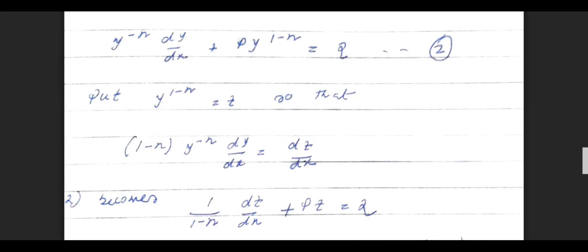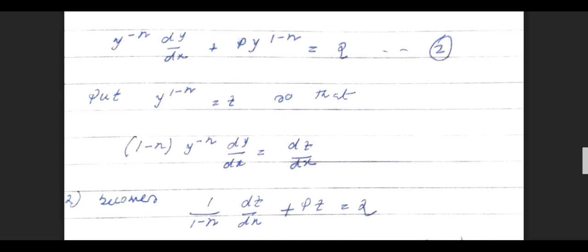We are considering y^(1-n) = z, so we have to take dz/dx. Differentiating both sides with respect to x, here n is 1-n, so we write (1-n) y^(1-n-1). So 1 and -1 cancel. We get (1-n) y^(-n) dy/dx = dz/dx.